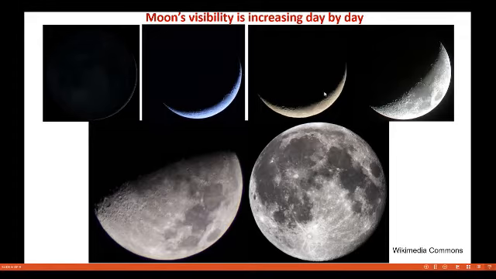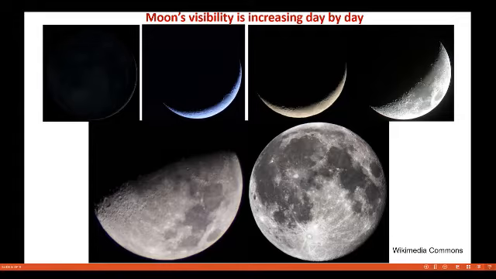A little larger part of the moon is visible here. Still larger, and the entire moon is visible to us. So this is how the moon appears to us on a day-to-day basis. What is interesting here is that the visibility is increasing day by day.